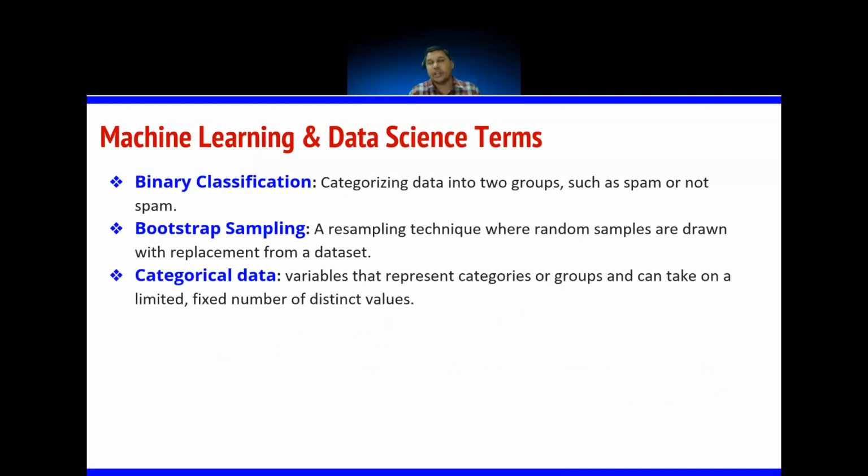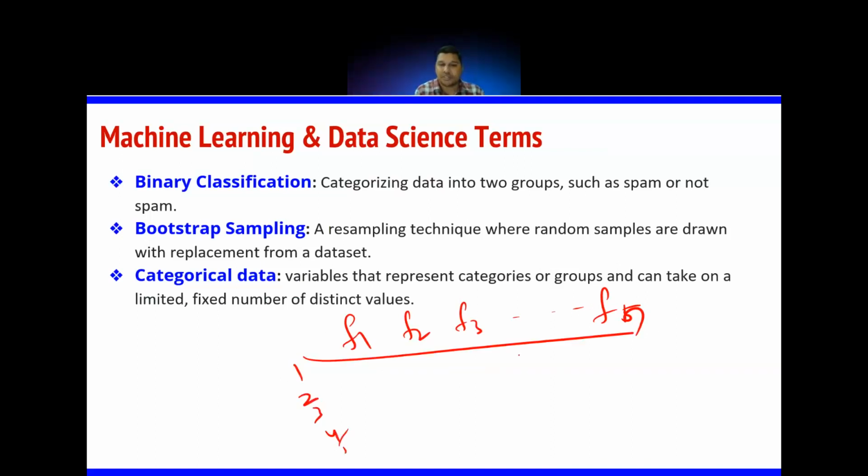Categorical data. When we talk about features, we talk about features F1, F2, F3, and so on up to N, and about persons with serial numbers 1, 2, 3, 5. These are features, and we have a number of rows in each of them. So what is categorical data? Data other than numerical data.